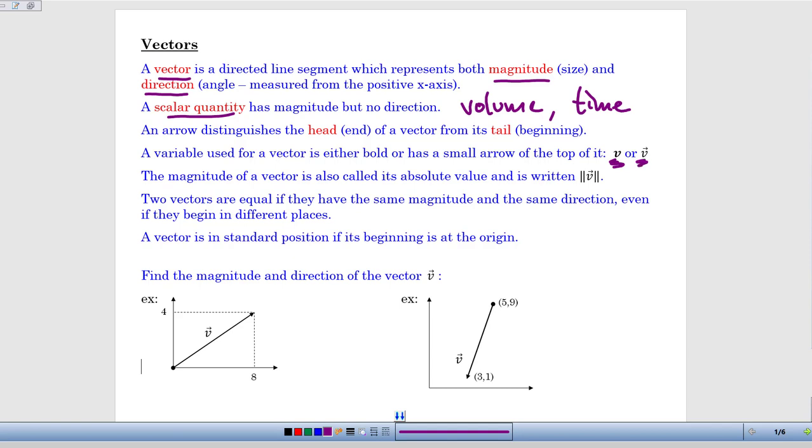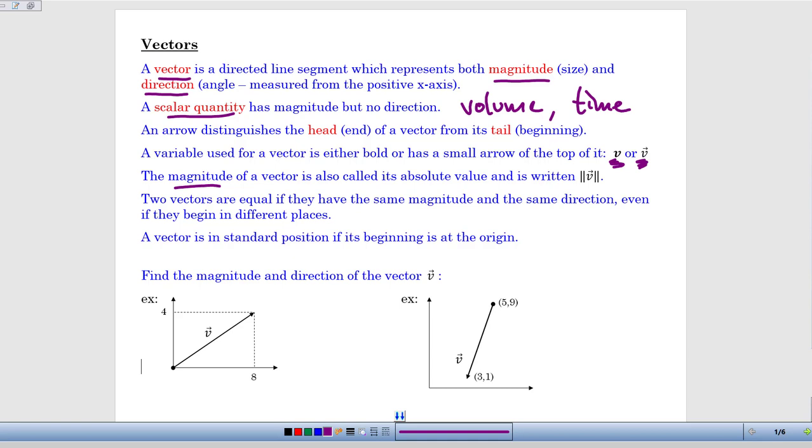So typically I'll use a lowercase variable with an arrowhead above it so that we know that we're referring to a vector.